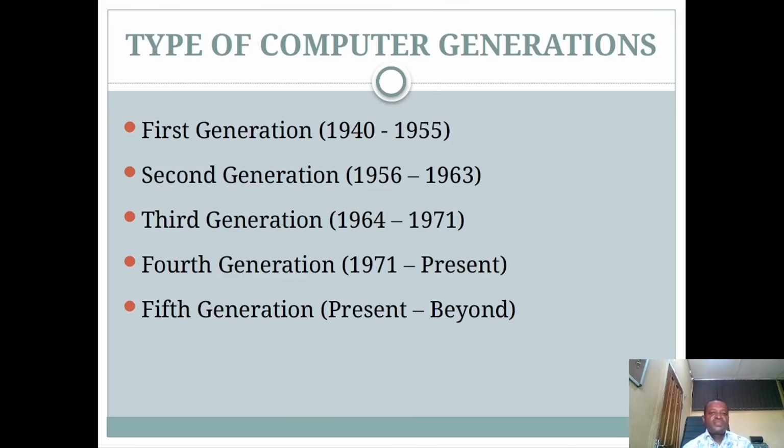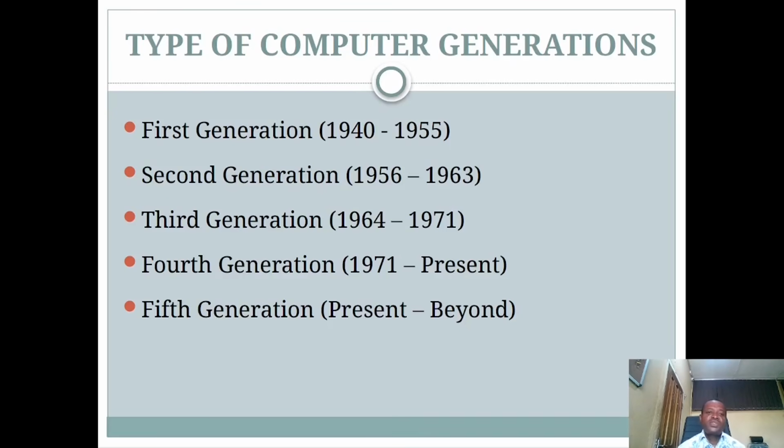So we talk about the first generation computers, which are computers that were created between 1940 to 1955. We shall look at the characteristics of each generation later on, but for now, I'm trying to highlight the generations of computers. So there are 5 generations of computers. We have the first generation, which was computer systems created between 1940 and 1955.